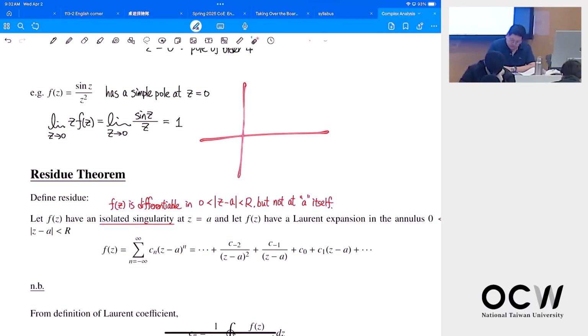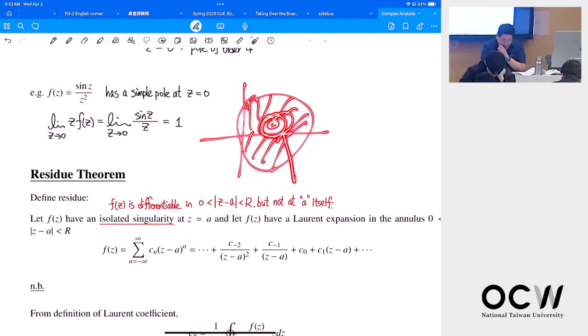So it is differentiable here, but not at that specific point a. Only at a it is not differentiable.